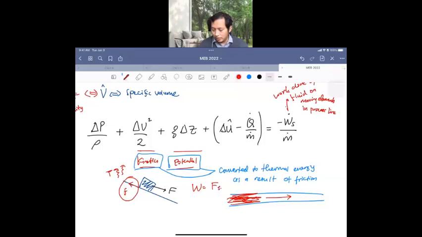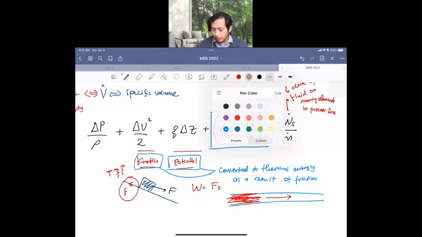Now, in consequence of that thermal energy, we need to have these terms. Because of that friction, let me say that this has friction here. To balance this friction, we need another thermal energy term that is simply put in these equations. Let me write with green.